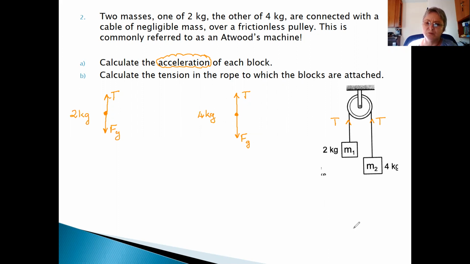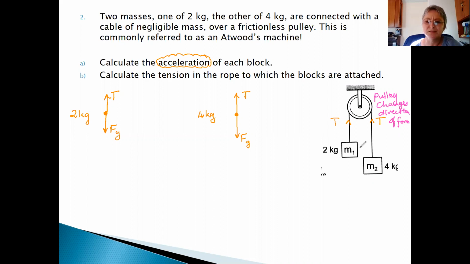Now, another easy way to remember is that a pulley changes the direction of a force, like in this case the tension.